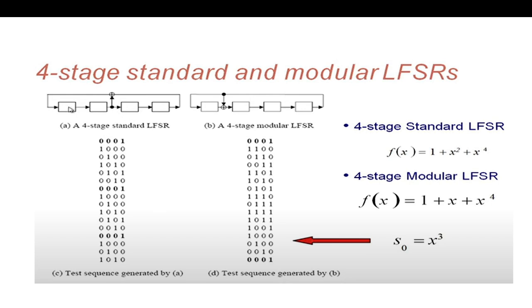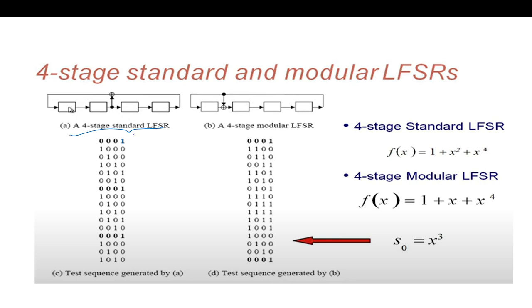Now we will come to this problem. If this is the standard LFSR, then we will start with this pattern. Any one of the bits should be 1; we will not start with all zeros as a pattern.